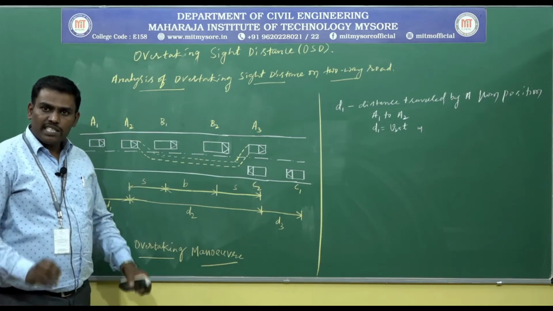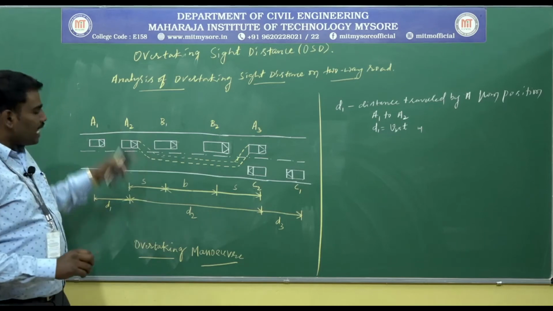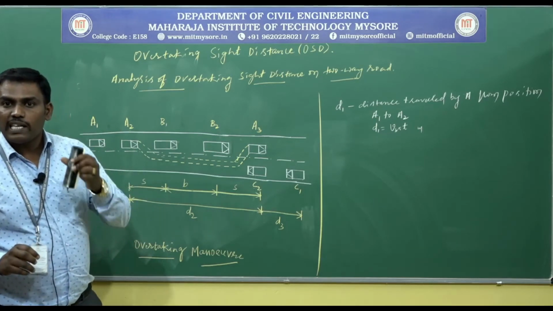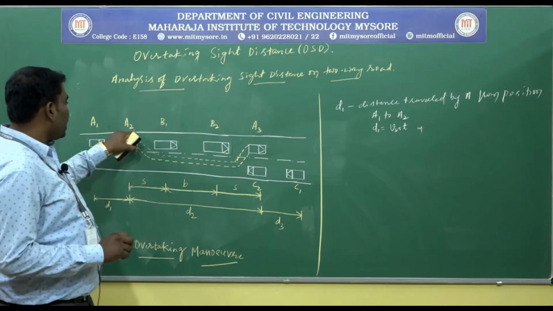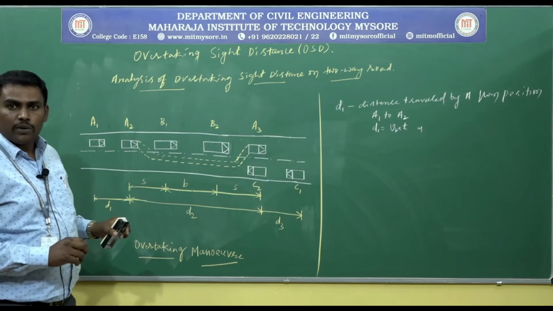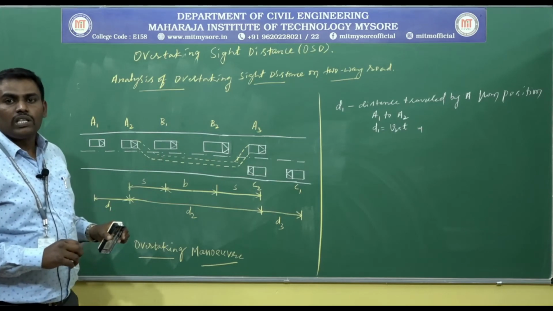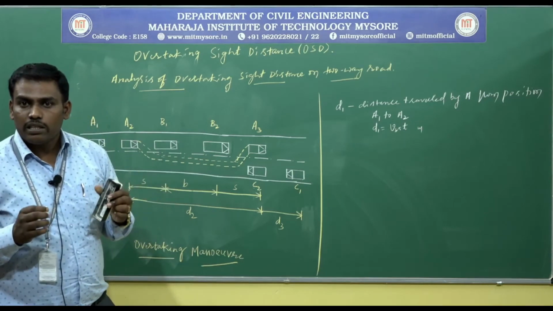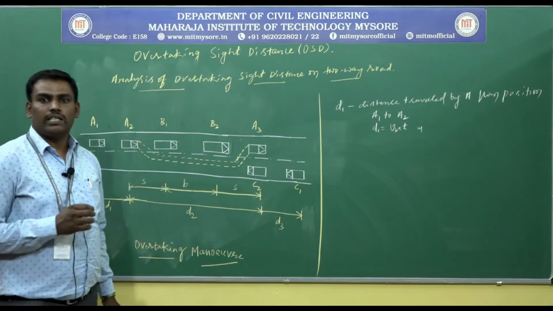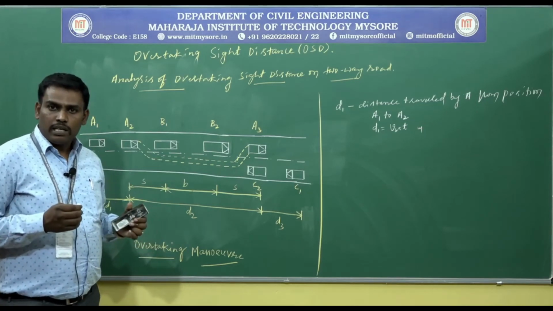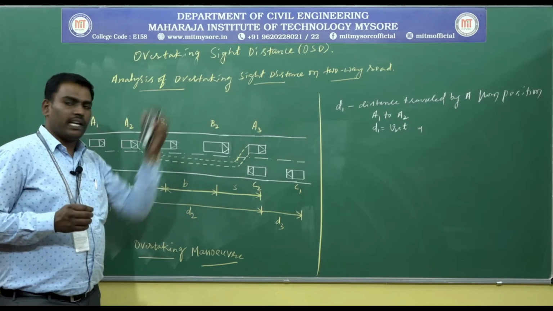Is it clear? Then what is D2? D2 is the distance travelled by the overtaking vehicle A from position A2 to A3 during the actual overtaking operation, that is, during time capital T seconds, where capital T is the time taken for overtaking.